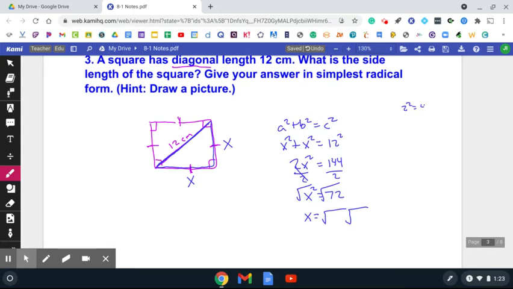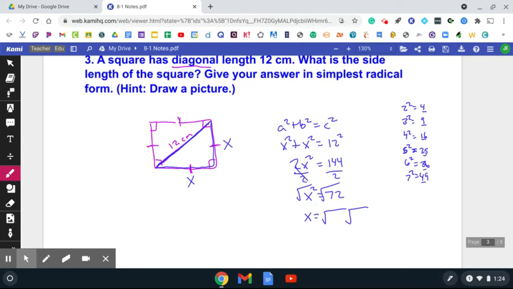Like 2 squared is 4, 3 squared is 9. That's supposed to be a 5. So these are all perfect squares.